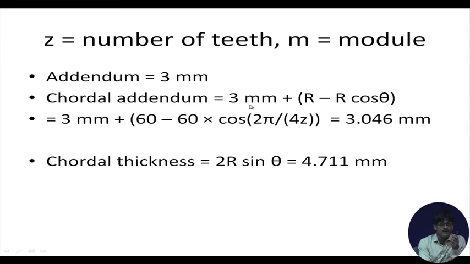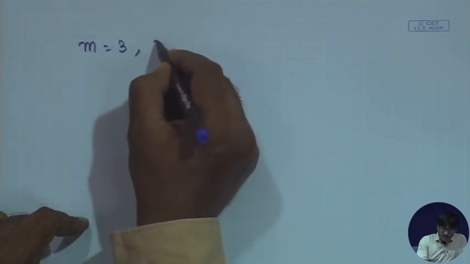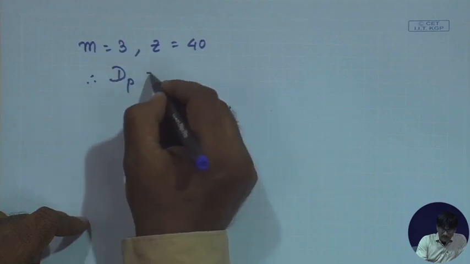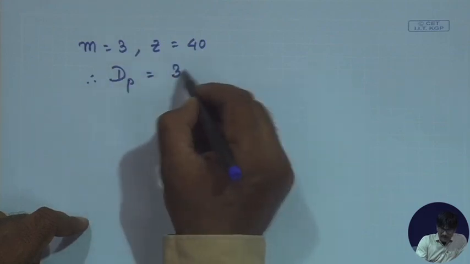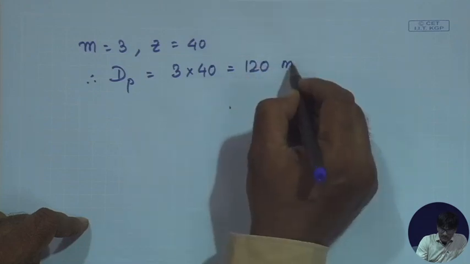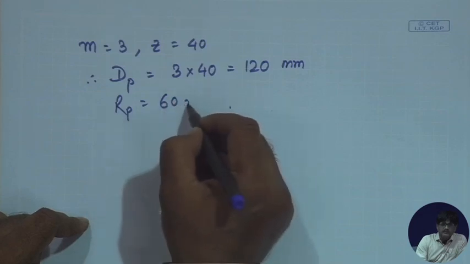So, if there are 40 teeth, module is equal to 3, z is equal to 40, therefore, dp is equal to 3 into 40. That is 120 millimeters, and therefore, Rp is equal to 60 millimeters.